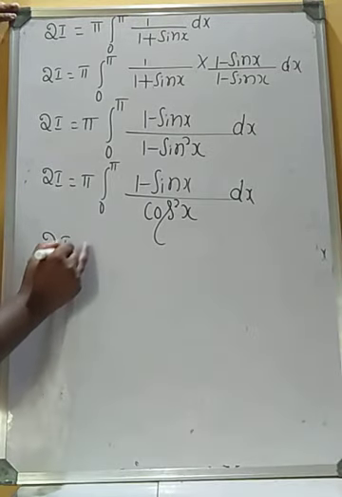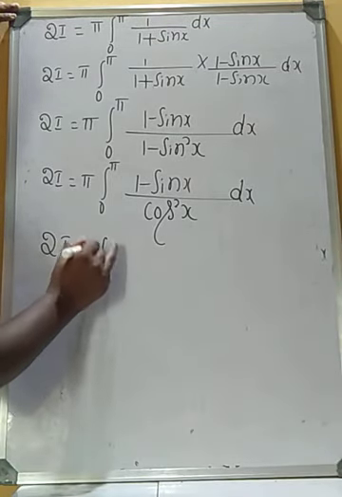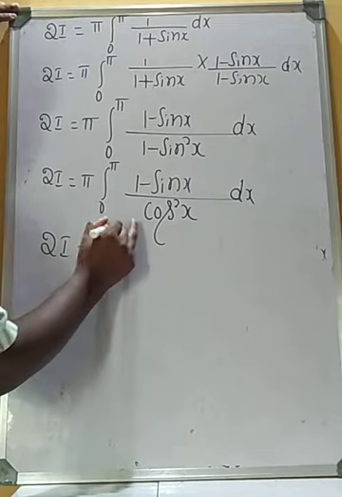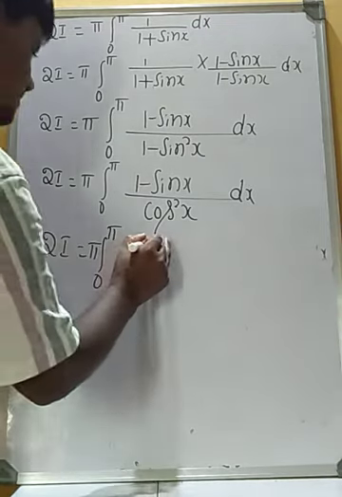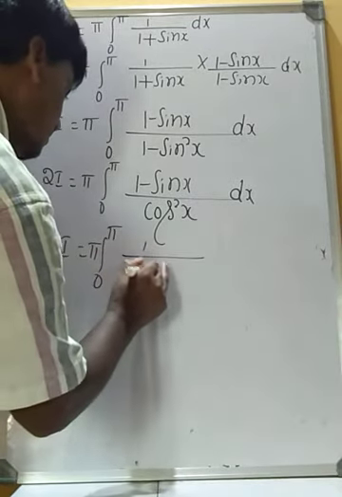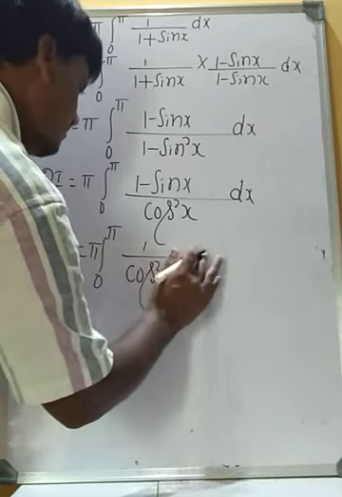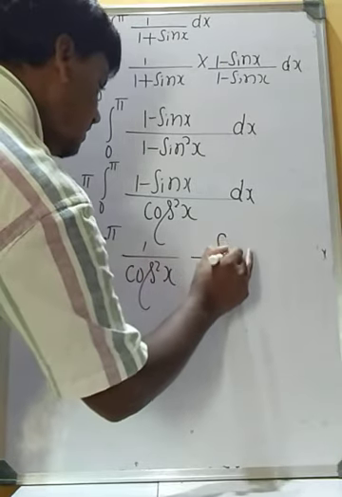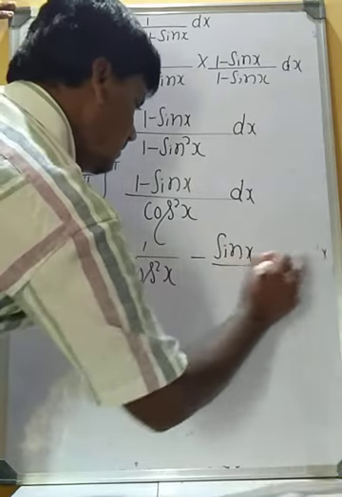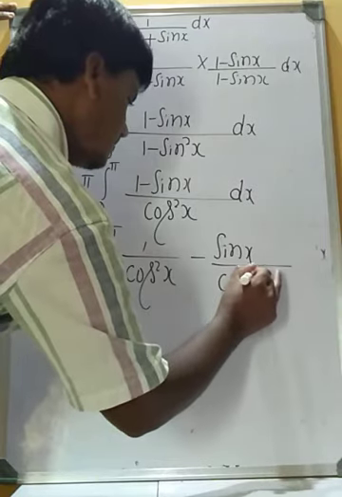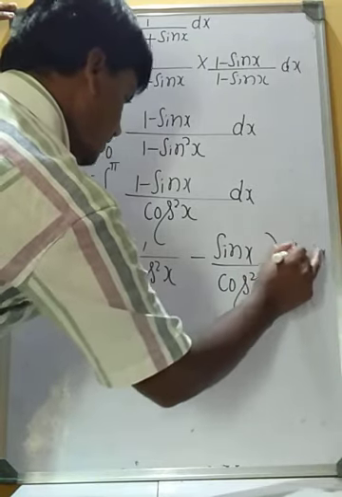Therefore 2I is equal to pi into integral 0 to pi of 1 divided by cos squared x minus sin x divided by cos squared x into dx.